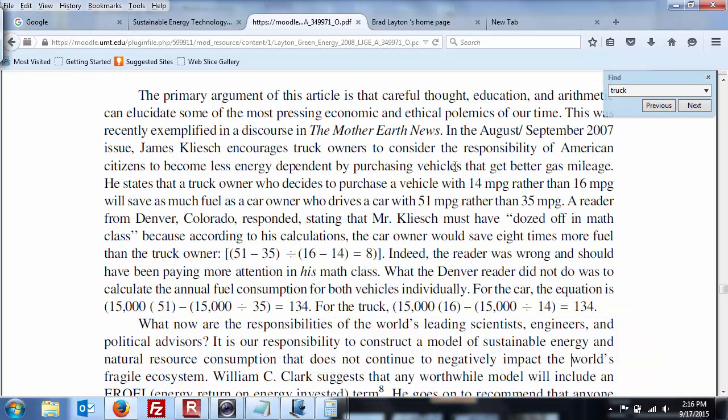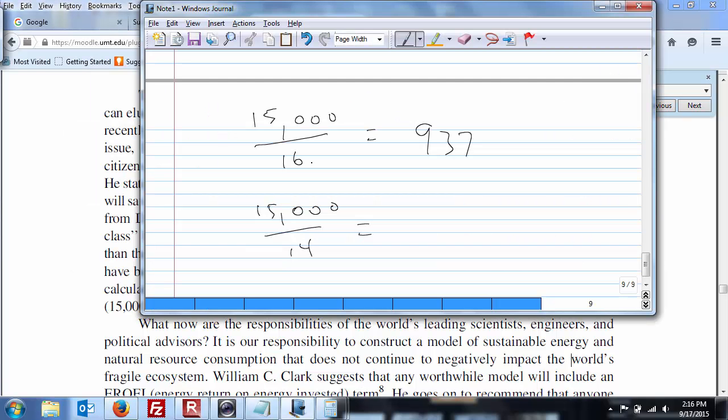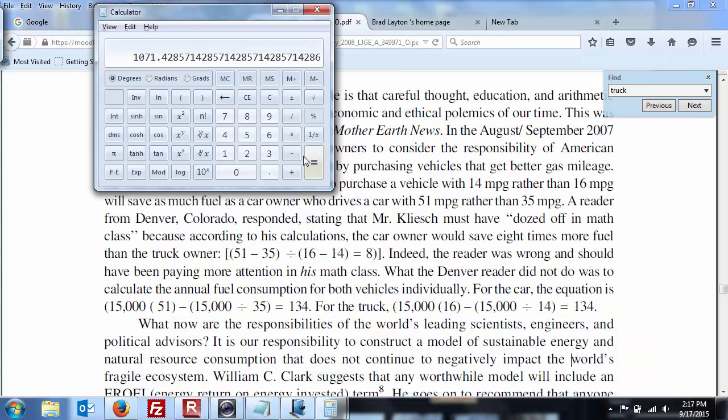And then we'll do the same thing, 15,000 divided by 14 equals 1,071. 1,071 minus 937. There's your 134.